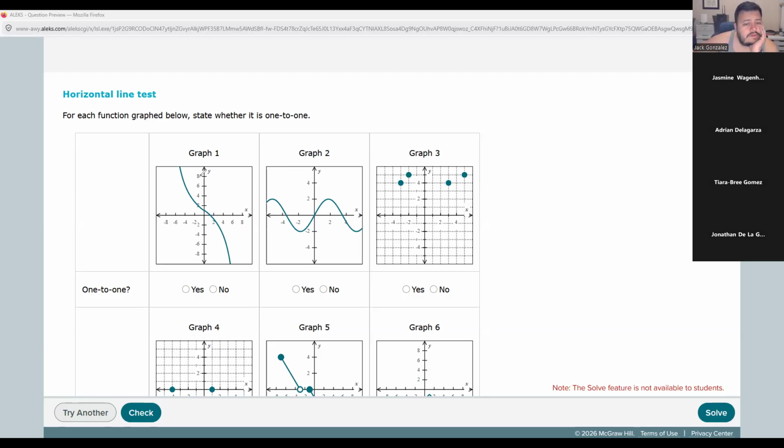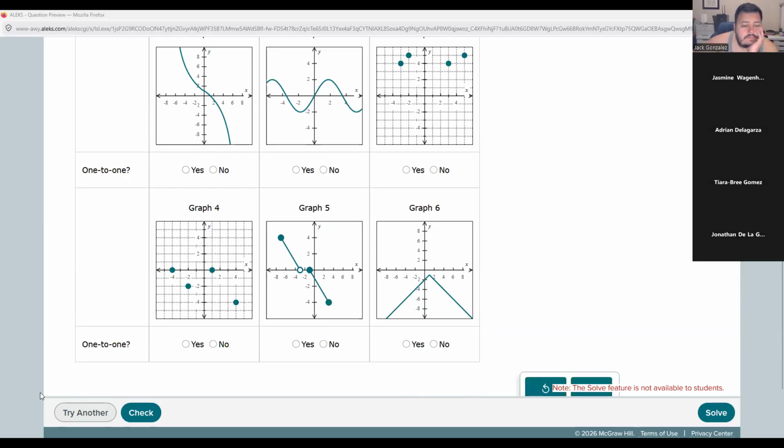So right here we can tell that these are functions based on the vertical line test, right? All of these are functions because it only hits once. One time. My attempt at vertical lines. All of them are functions.